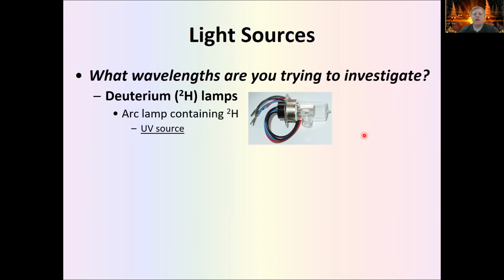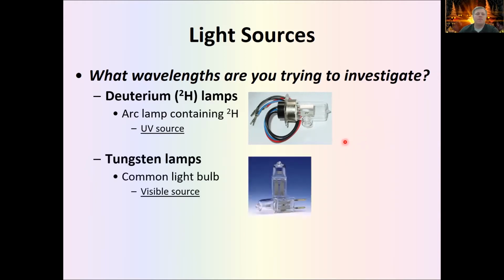If we're looking at the visible range, then we will usually go with a tungsten lamp or a tungsten bulb. This is very similar to a common light bulb. It just has a metal filament in it that is resistive, and as you pass electricity through it, it heats that tungsten filament up.